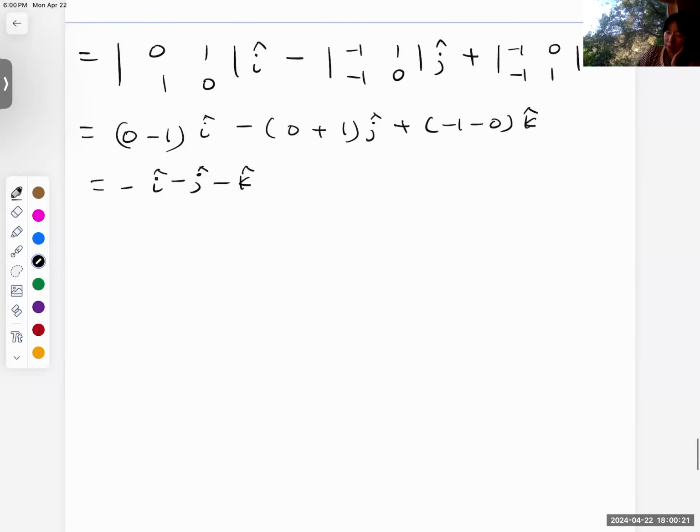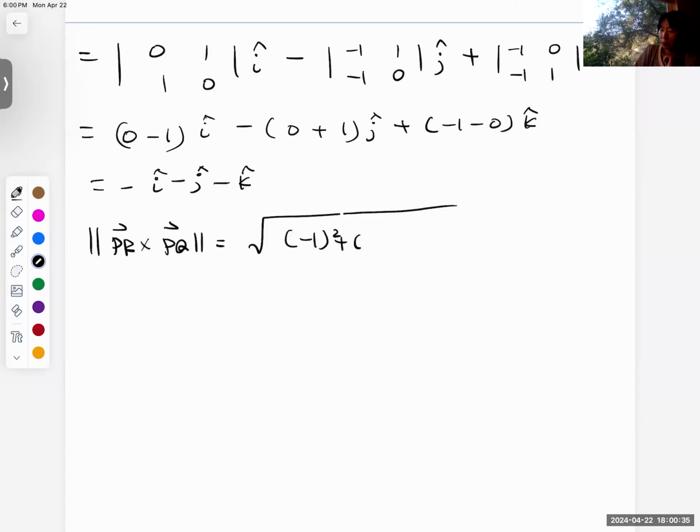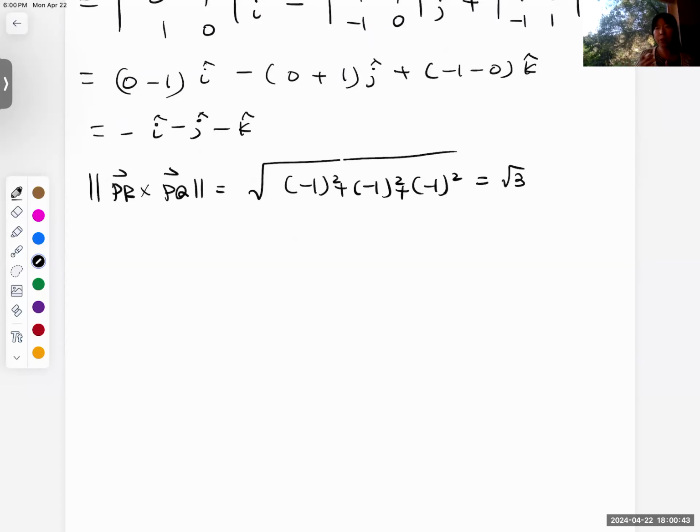So we get the magnitude of PR cross PQ. Then we have -1 squared plus -1 squared plus -1 squared, which is the square root of 3. Now, we need to find the area of a triangle. It's the square root of 3 over 2, right?